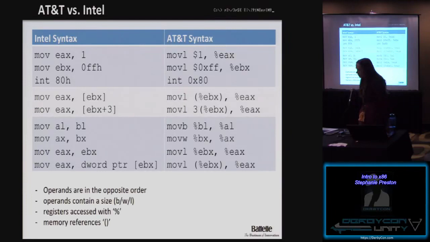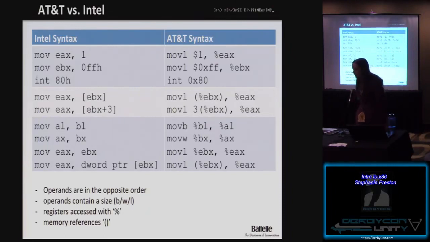The other changes: the operations typically contain a size in AT&T. In the table of equivalent code between AT&T and Intel, you'll see on the left-hand side for Intel I simply have a move, and I'm not specifying the size, whereas in AT&T syntax I'm specifying moving a long, so move 32 bits of a 1 into the EAX register. A majority of the instructions will have a size letter at the end: either a byte, a word, or a long.